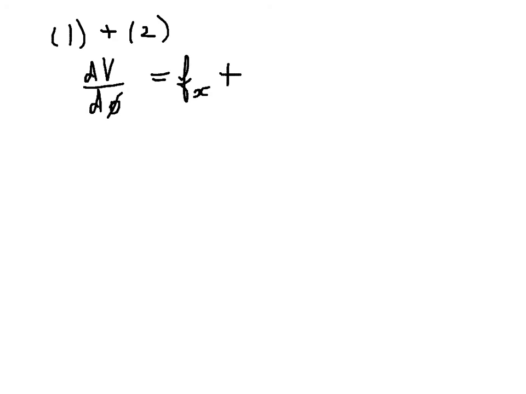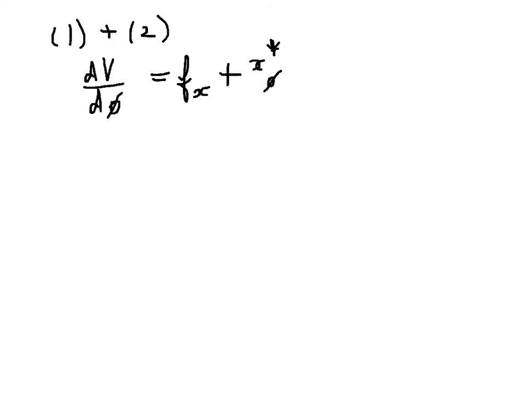Now I'm going to add 1 and 2. So we have the derivative of the value function with respect to phi is equal to partial derivative of f with respect to x, times partial derivative of x star with respect to phi.